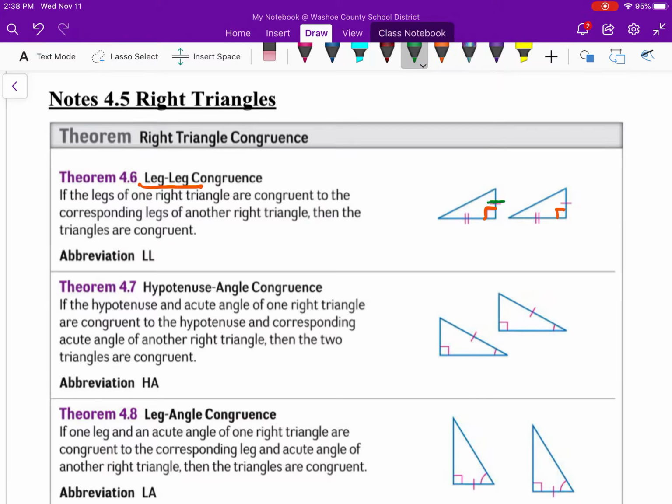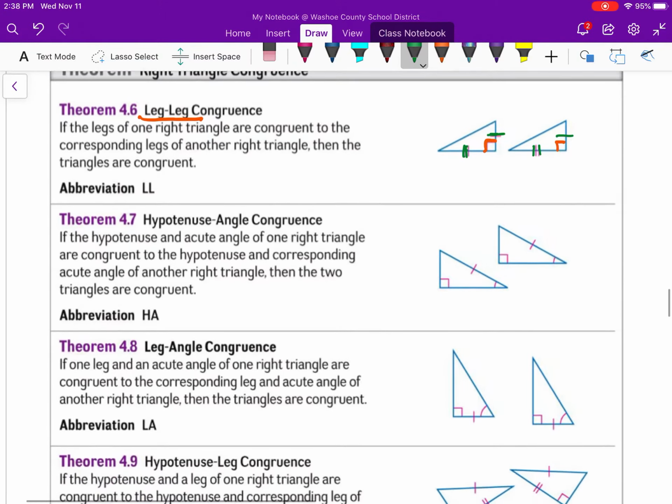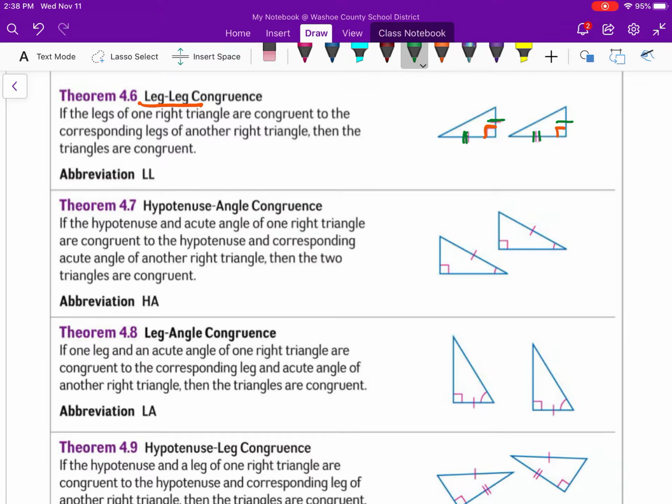Because we have two legs, this one and this one, that are specifically marked to be congruent to the other triangle. So leg-leg congruence can also be seen as side angle side. Then we have the hypotenuse angle congruence theorem. And like the other theorems, whatever is labeled, that's what you're going to go with.